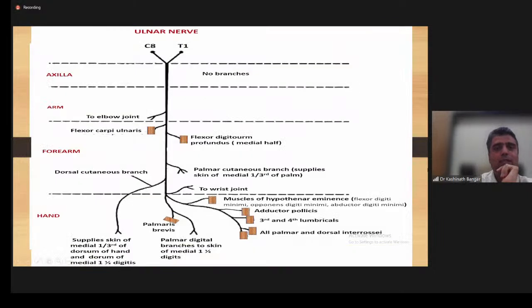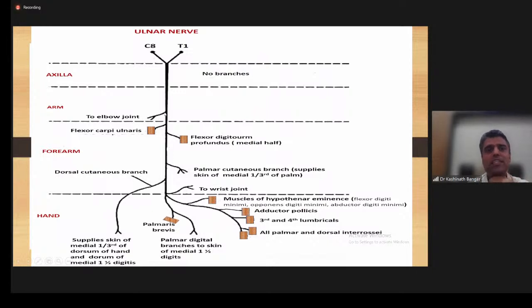So let's go ahead. Now, the ulnar nerve root value is C8 T1. Why you need to understand this is because any pathology or radiculopathy at C8 T1 is one of the differential diagnoses for ulnar nerve entrapment. In the axilla, there are no branches.